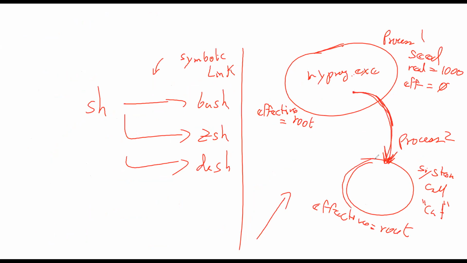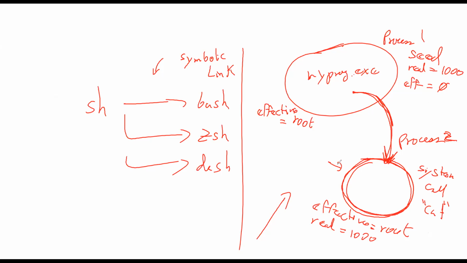because that will spawn another process, a second process, and that second process needs to have parameters. And so now the problem is you are still seed, 1000, but if you retain the effective ID as root, this is now a process that has the privilege.